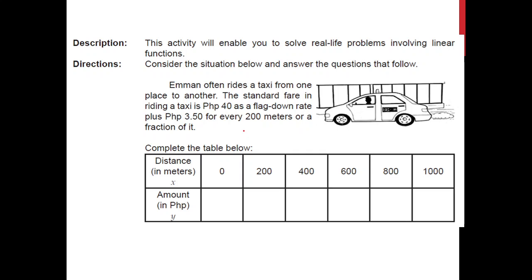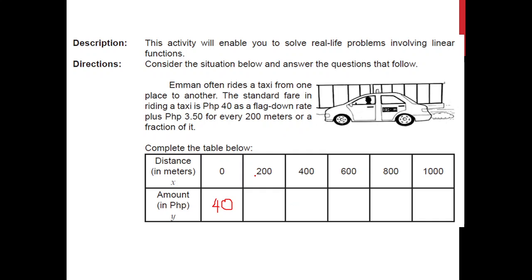So in the Philippines, when you ride a taxi, once you get in the taxi, automatically you'll be flagged down with the 40 pesos. So meaning at 0 meters, you need to pay already 40 pesos.